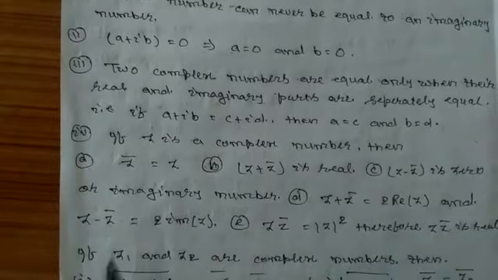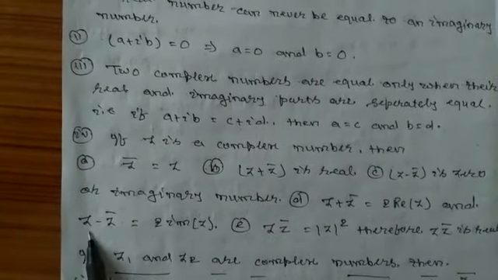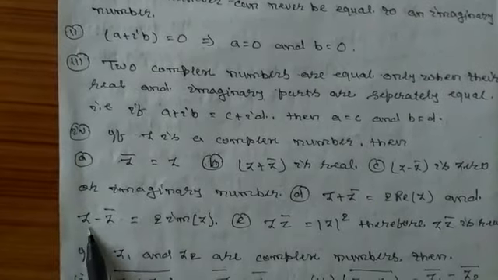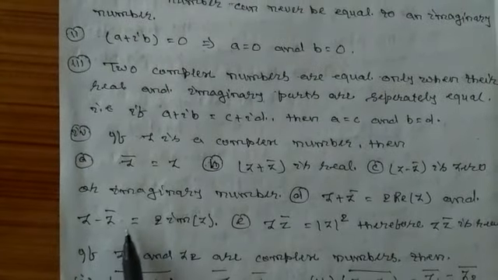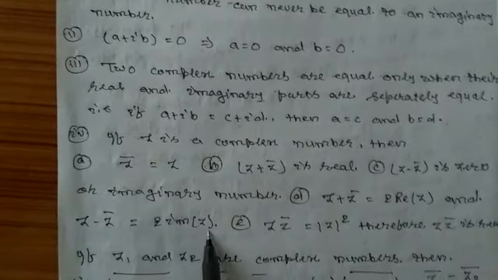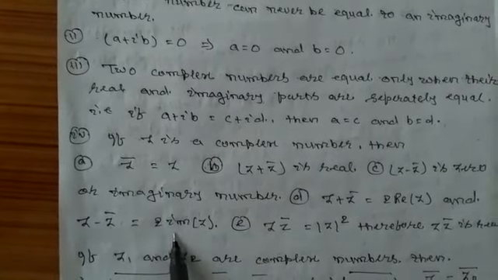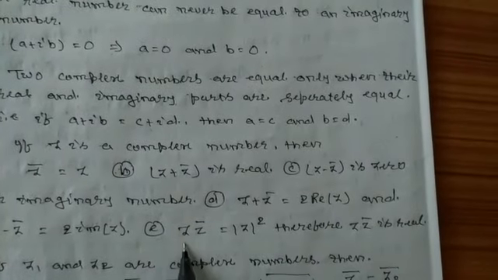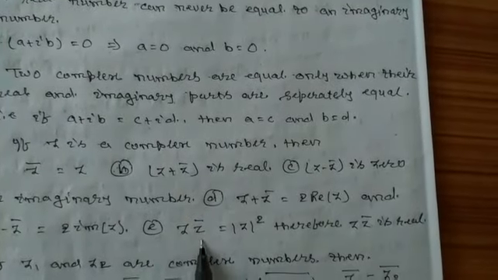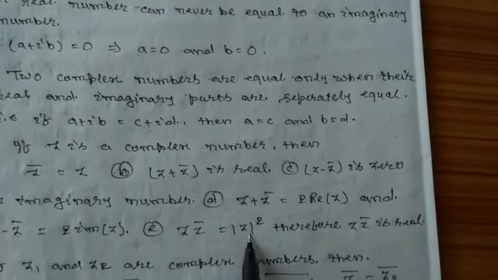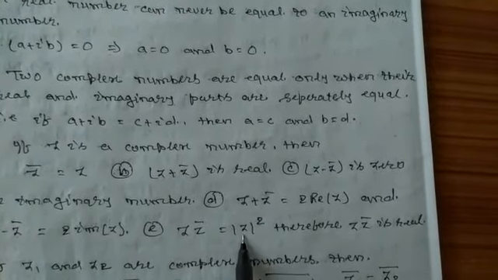And when you subtract the conjugate of a complex number from the complex number, that is z minus z bar, its value will be twice the imaginary part of z times i. And the product of a complex number and its conjugate is equal to the square of the modulus of the complex number.